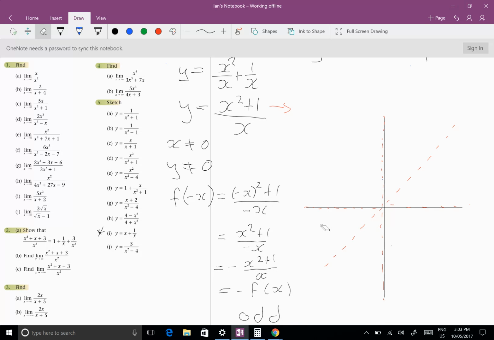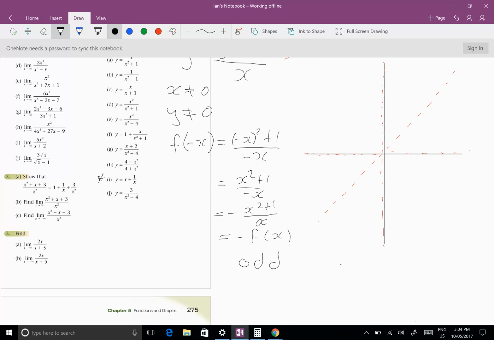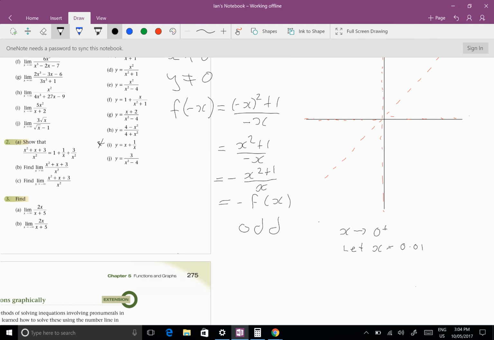Let's see. As x approaches 0 from the negative side, from the positive side. So let's see what happens as x approaches 0 from the positive side. So let's let x equal 0.01. We'll go to the original equation.